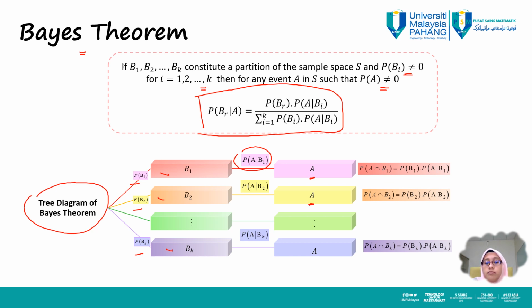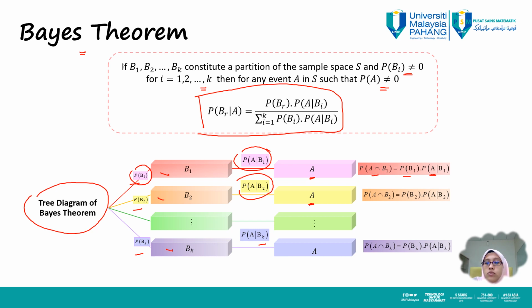This is called P(A given B2), until Bk. So how to find P(A intersect B1)? P(A intersect B1) is equal to P(B1) multiplied with probability of A given B1. So you can apply this into our tree diagram.